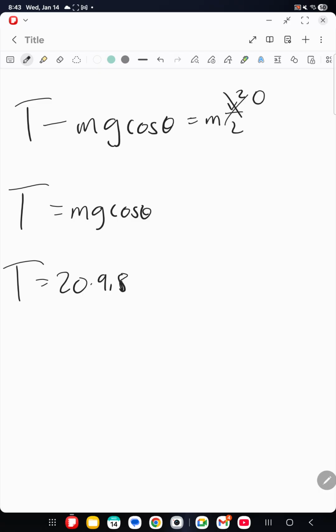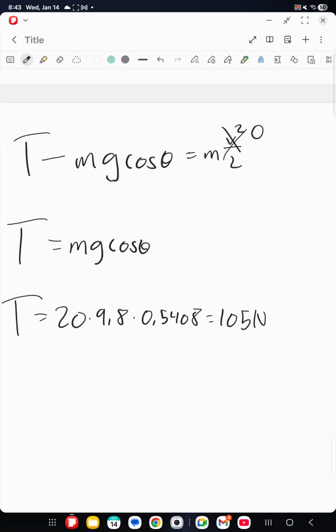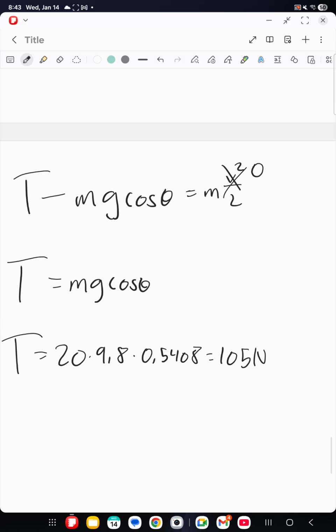So you do have to multiply by 0.5408, and this will give 105 newtons. I forgot this, and it's pretty important to have the cos theta. But essentially with this exercise I was trying to show you that, just like before, here you can use this because speed is equal to 0. That's about it, guys. Thank you.